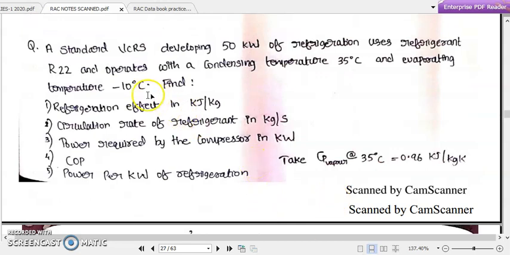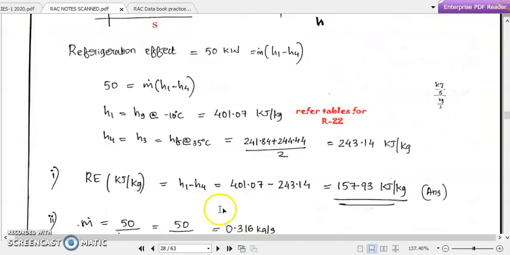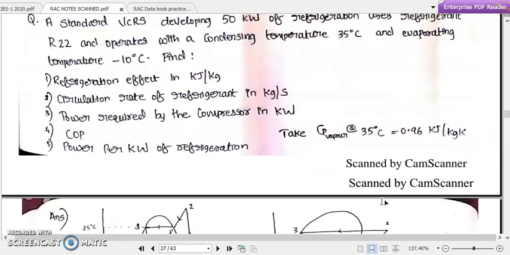So that is our first part. The first question was to find out the refrigeration effect in kilojoules per kilogram, which we have already found out as 157.93 kilojoules per kilogram. The second part of the question was to find out the circulation rate of the refrigerant in kilogram per second.